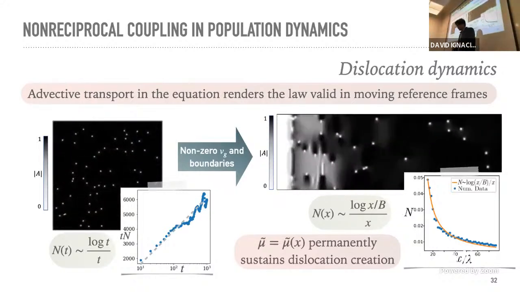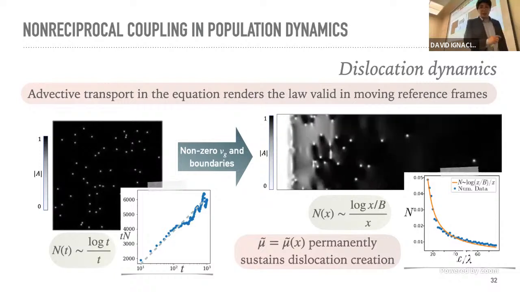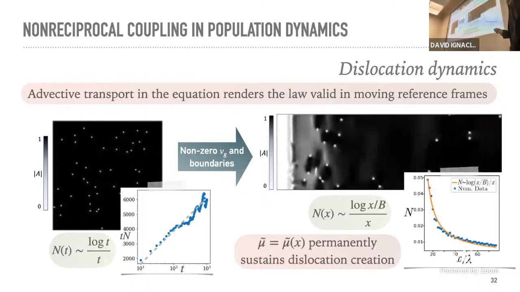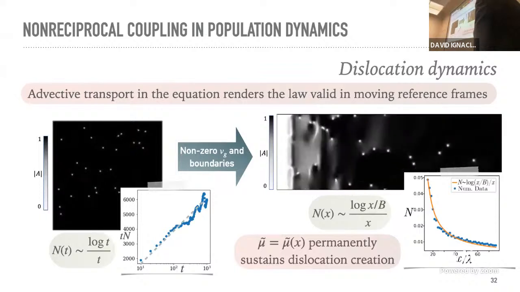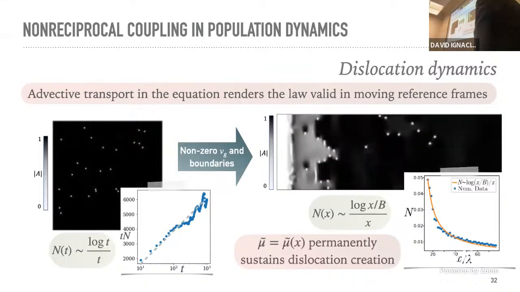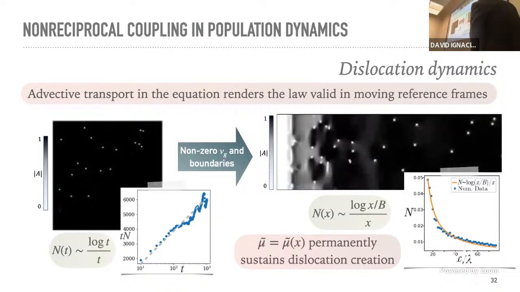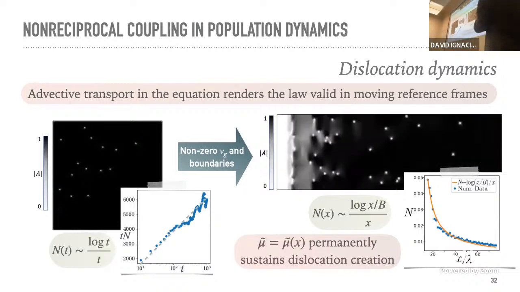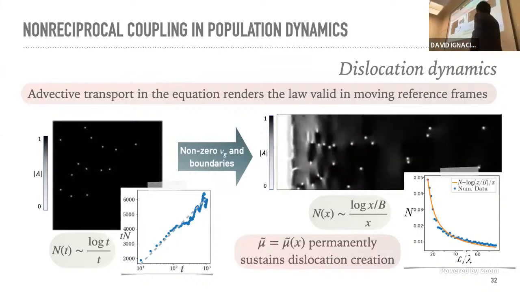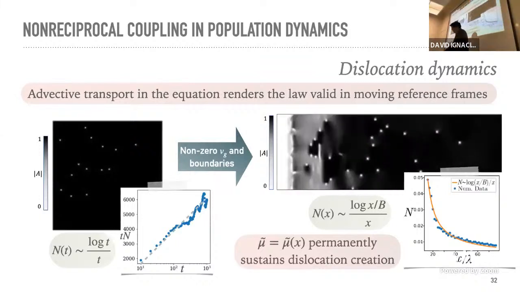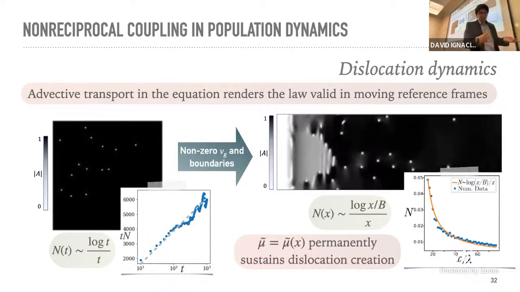And here I show you some animations of this. This is what's happening in the numerical simulation that I showed you before. You have a lot of these defects emerging from the boundary. But if we follow them in a box moving with the group velocity, you will see that they are interacting and annihilating.